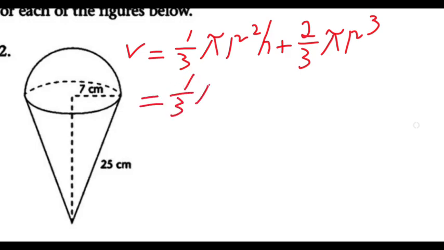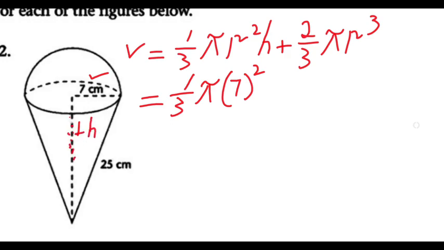Now 1/3 pi, and the radius we got is 7. This is the radius, 7 squared, and the height. Now we need to find the height. We're going to use Pythagoras. Must remember for the volume of the cone we use the perpendicular height. So the perpendicular height is this one.